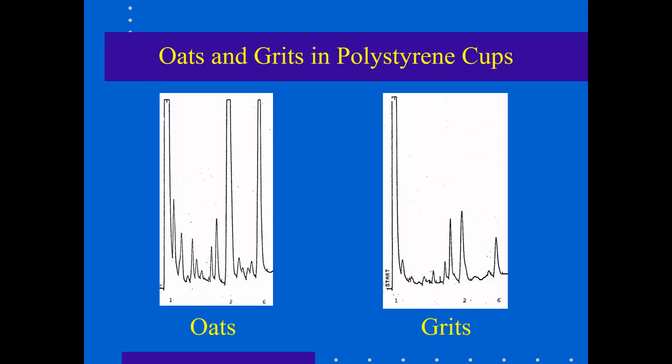Now, these two chromatograms show the chemical compounds in the oats and also grits after they are placed inside the polystyrene cups. We can see that in both oats and grits, peaks 1, 2, and 6 are present, which means the major compounds of the polystyrene cups, the ones in high concentration just now.